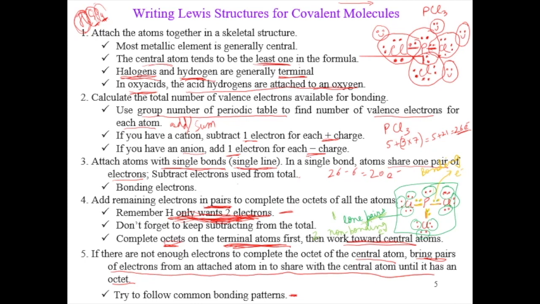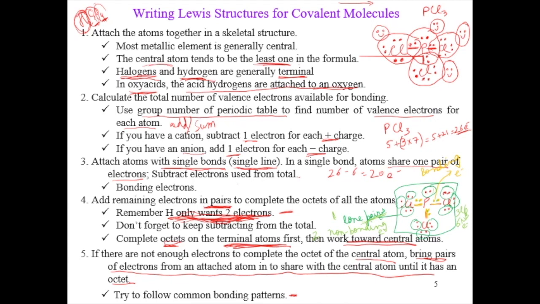How many lone pairs does each chlorine have? Each chlorine atom has 1, 2, 3, a total of 3 lone pairs. How many non-bonding electrons does chlorine have? 1, 2, 3, 4, 5, 6. 6 non-bonding electrons. How many bonding electrons are present in the molecular structure of PCl3?